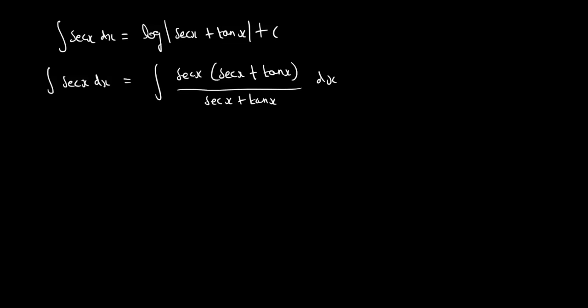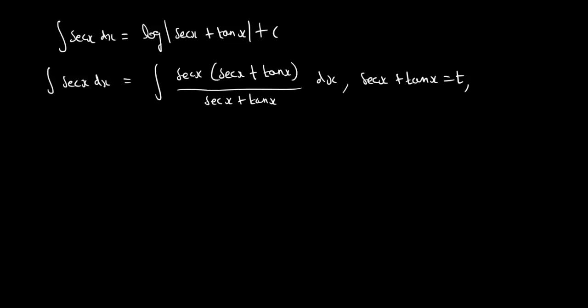Now we can proceed by integration by substitution. Just put sec x plus tan x equal to t. That will give us the derivative of sec x equal to sec x tan x, and the derivative of tan x is sec square x.